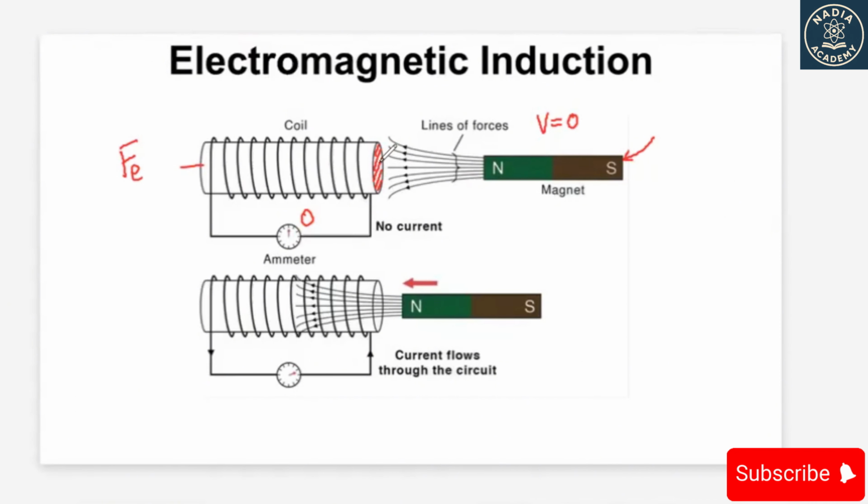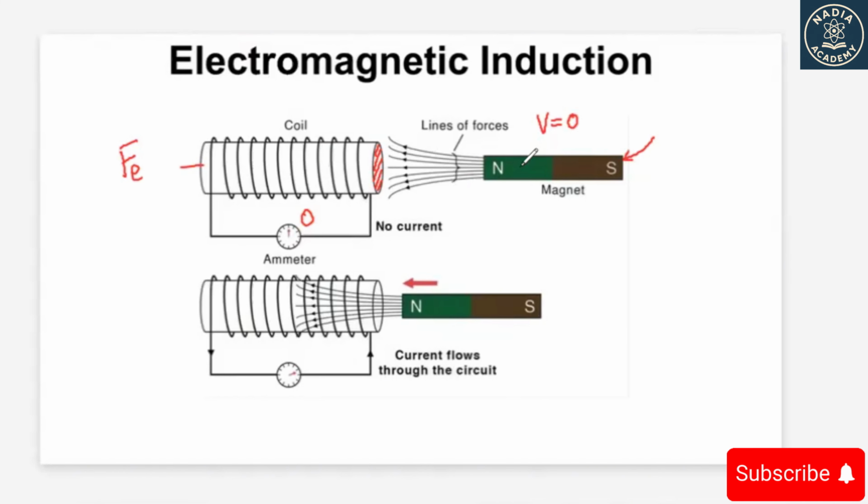So we have a flux linkage of this permanent magnet with this coil, and our magnet is at rest, it is not moving. In this case, we will have zero current passing through this coil, meaning there will be no induction of electric field or electromotive force in this coil, which we call EMF.